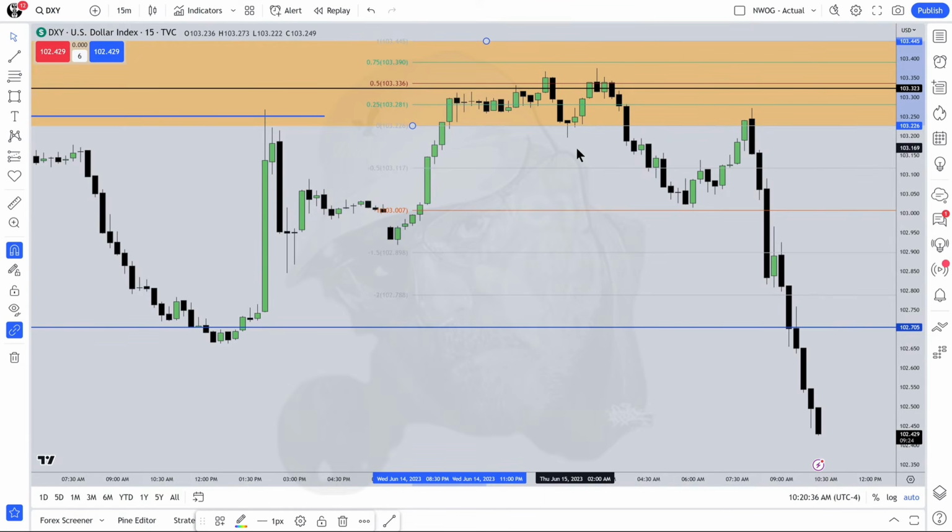Time of day now, okay? Got this fancy kill zone indicator right here.